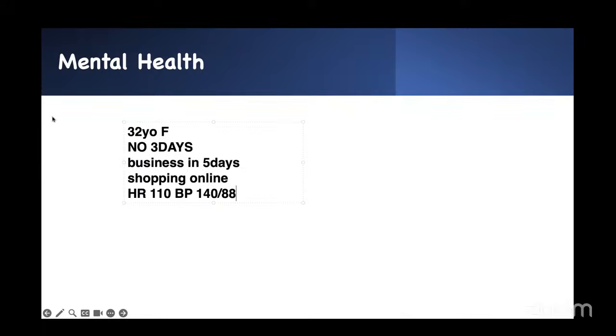The most likely diagnosis is somebody who has mania. This is a manic episode: a bipolar patient in mania. What else do you think the NCLEX will give you? They're not going to tell you the diagnosis, but they're going to give you signs and symptoms. What should you be looking for? Of course, they have given us some.